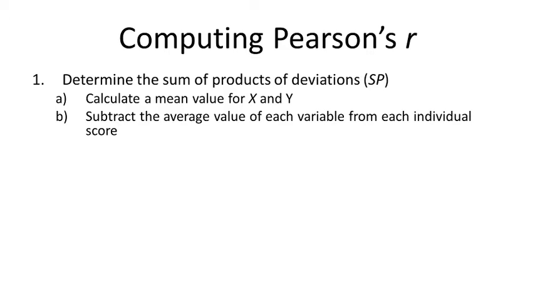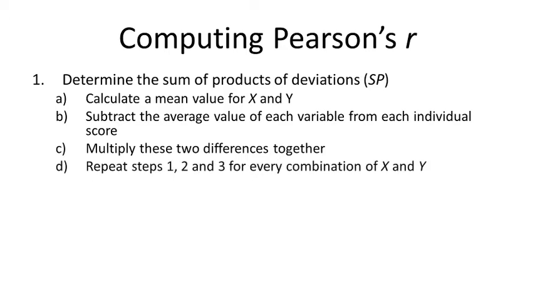So you're going to get a set of scores for each individual x value and how different it is from the mean for x, and each individual y value and how different it is from the mean for y. Then you have to multiply these two different scores together, and you do that for every combination of x and y.